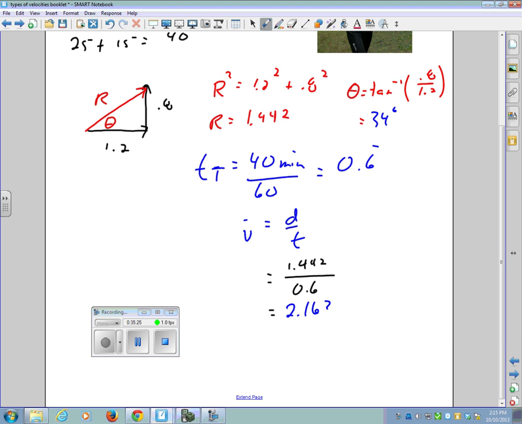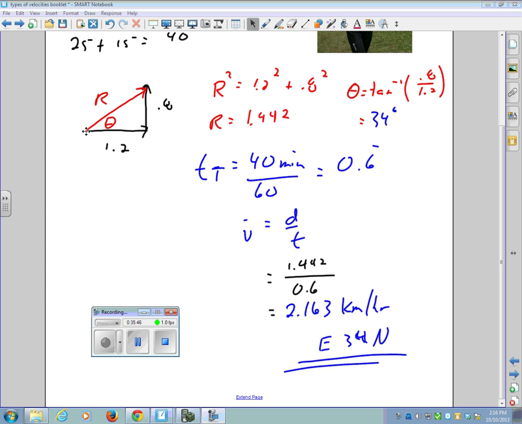And that is going to be kilometers per hour. And my angle is going to be east 34 north. How would you tell that it's east? I know it's east and north. Because the east is the one that you're measuring from, the one that's either straight across or straight up and down.